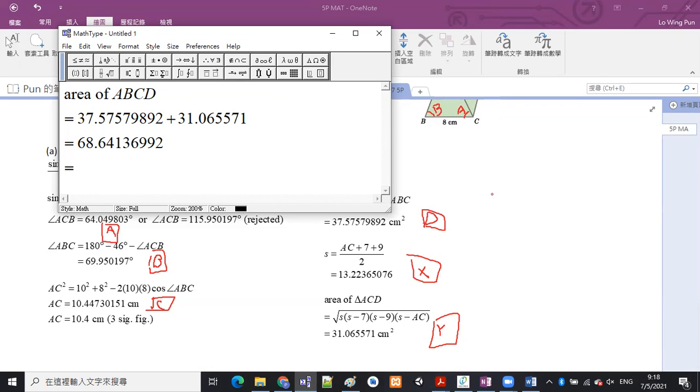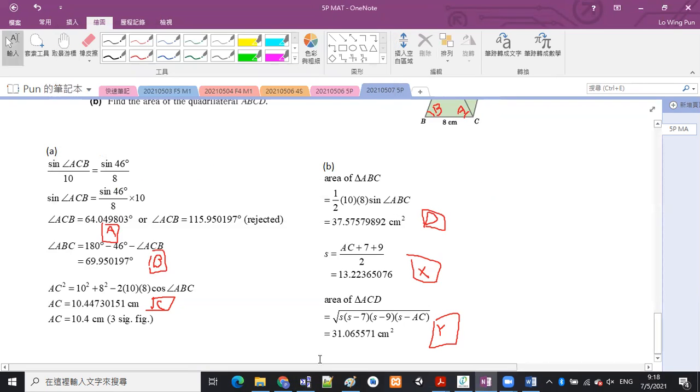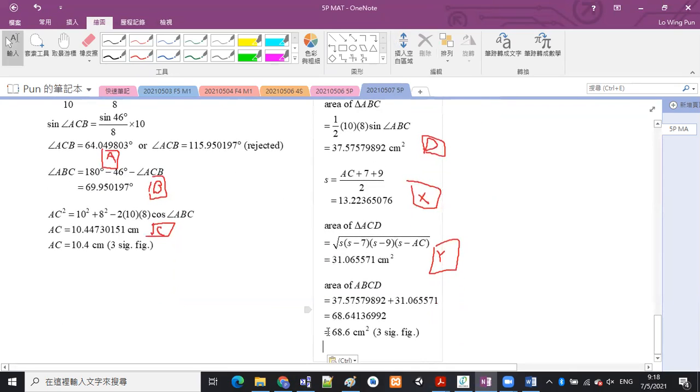And as this is the final answer, so correct this to 3SF. So that should be 68.6 cm squared. And this number is 3 significant figures. Okay. Can you follow?